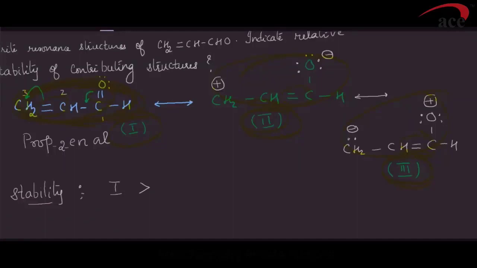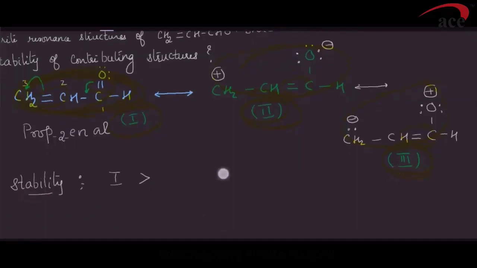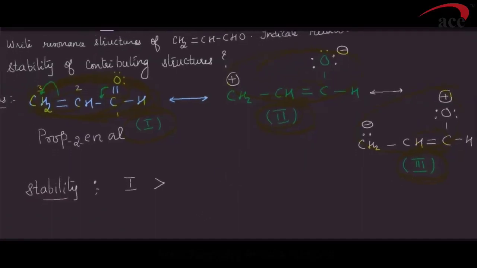Structure 1 is more stable as it has more covalent bonds, each carbon and oxygen atom has an octet, and there is no separation of opposite charges. In short, neutral compounds are always more stable than charged structures.